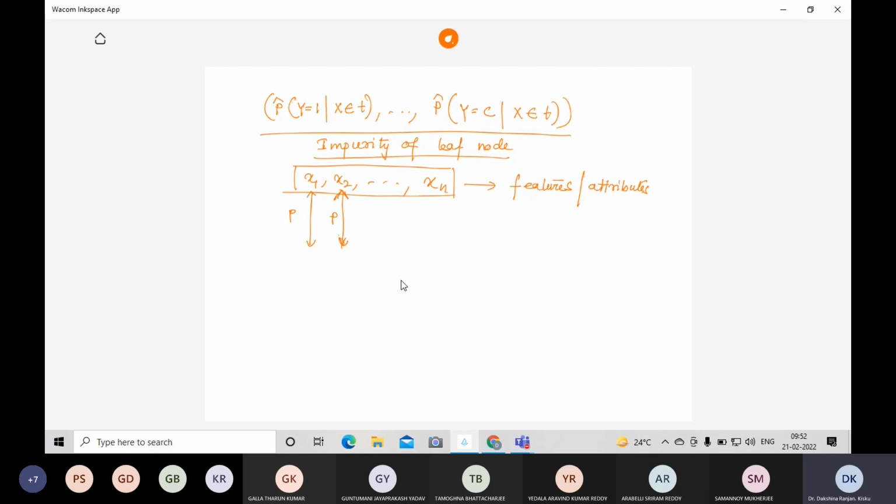Now the second question: which would be the most accurate feature to serve as internal nodes or leaf nodes? How can we decide this? As I said earlier, we can have some splitting parameters. Using splitting parameters, we can decide what will be the non-leaf node and what will be the leaf node.